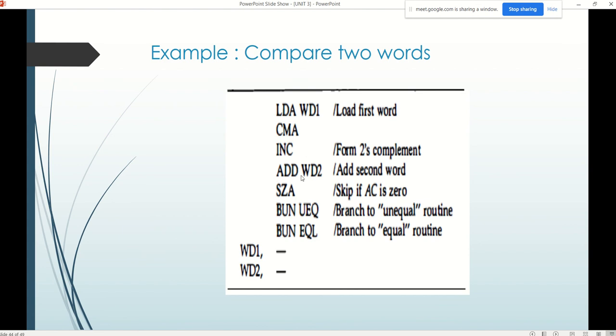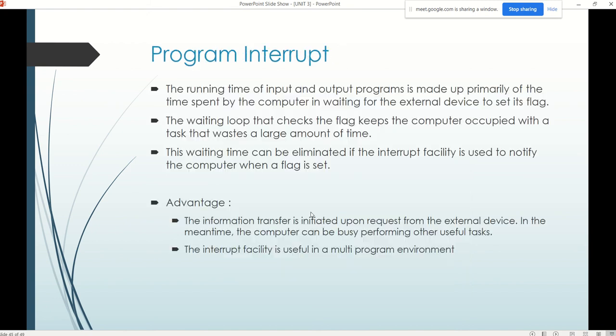This is the logic of subtraction. Add the second word. Then we use SZA, meaning whether the AC is 0 or not. If AC is 0, it skips, and the next statement executes unconditionally, that is branch to the equal routine. If it is not, branch to the unequal routine.